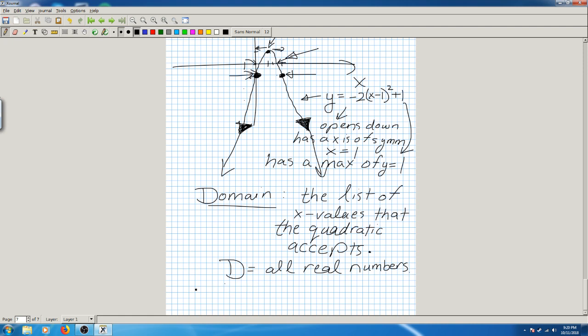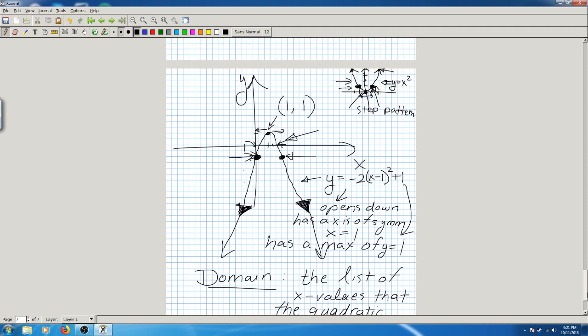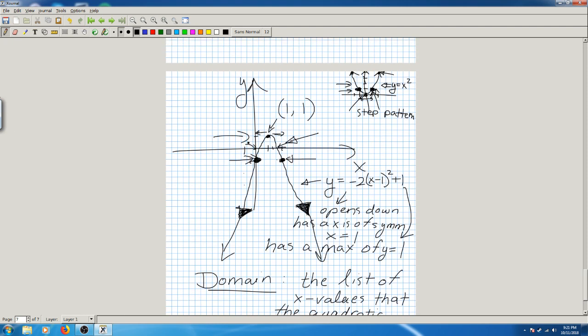Now, the range is list of y values. This is where things get interesting. In this case, I don't cover these y values. I don't have those, right? I don't cover anything above y equal 1, which is the y coordinate of my vertex.